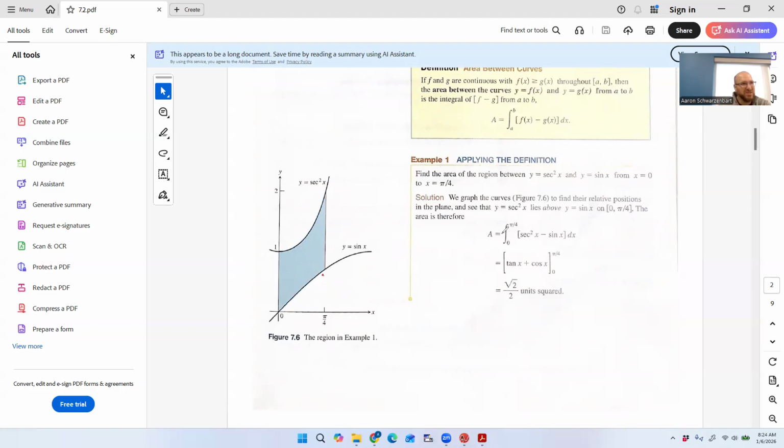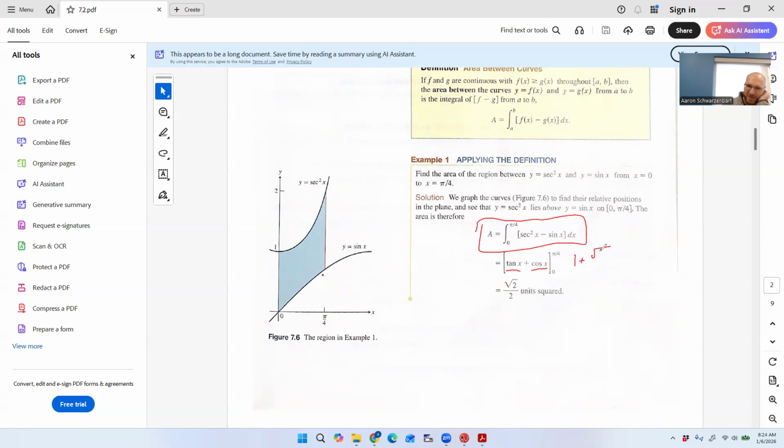I set up my integral like I did before. I integrate secant squared, I get tangent x. I integrate sine x, I get negative cosine x. So minus sine x becomes plus cosine x. It's minus negative cosine x. You plug in pi over 4. Tangent of pi over 4 is 1.